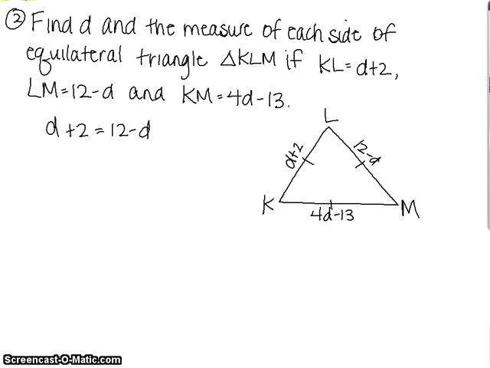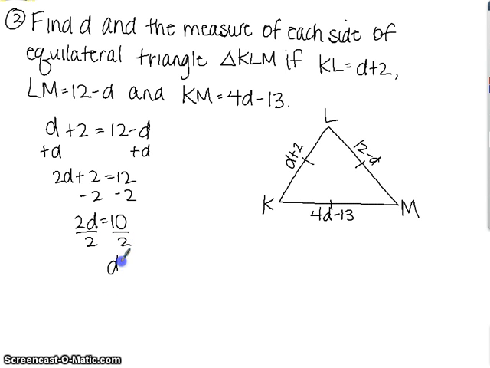Why not? Okay, so if we start by adding this D over, we now have 2D plus 2 equals 12. Subtract 2. Looks like 2D equals 10. Divide. Looks like D equals 5. We got the first part of our answer. It said to find D and the sides.